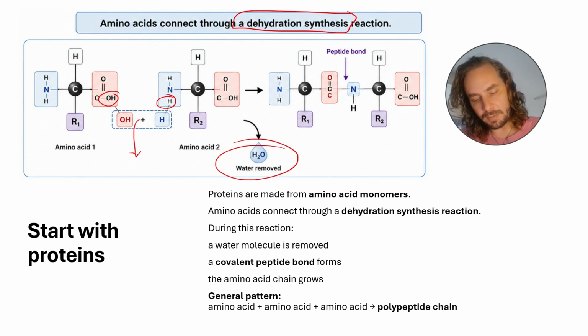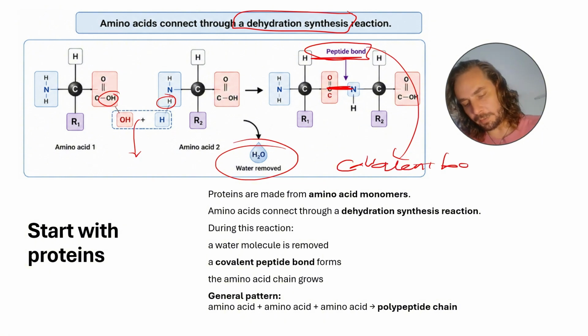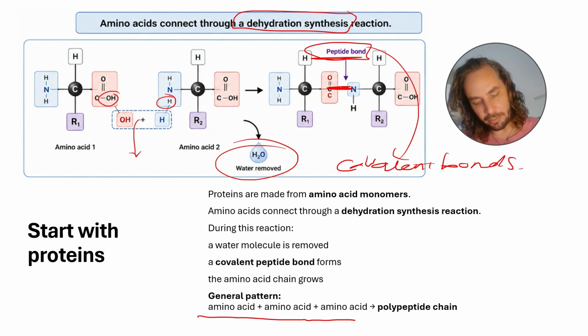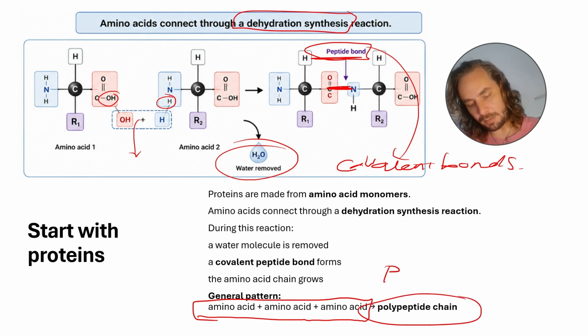And once the water is removed, it forms a peptide bond, and these peptide bonds are covalent bonds. So the general pattern here is an amino acid plus amino acid plus an amino acid makes a polypeptide chain, and this is the polymer of proteins.